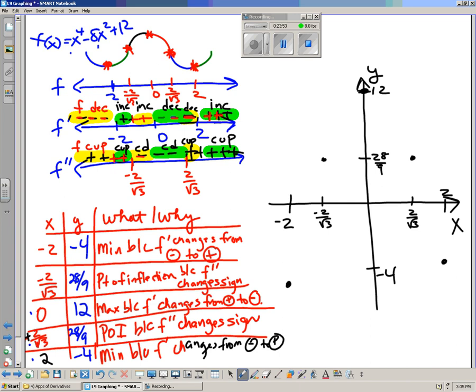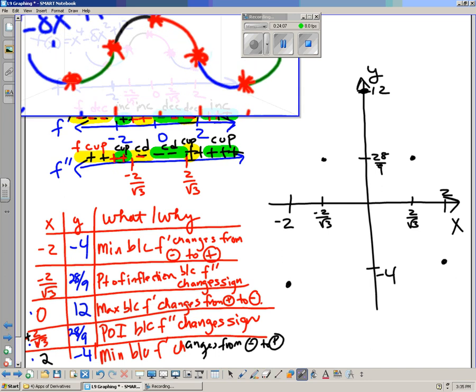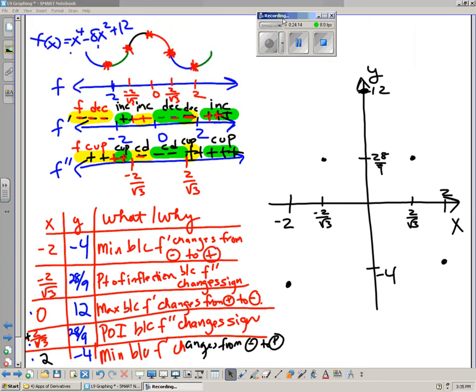And if you notice, we're going to connect them just as we have up here. We're going to connect them just like this. That's how we're going to connect those points to get a nice accurate graph here. So from negative infinity to negative 2, we have this decreasing concave up curve.